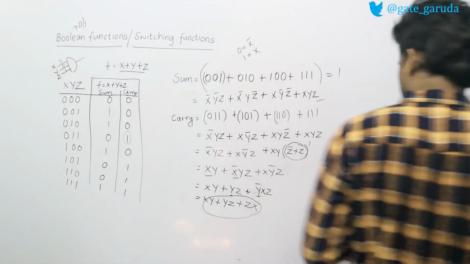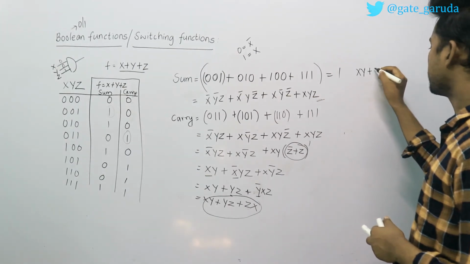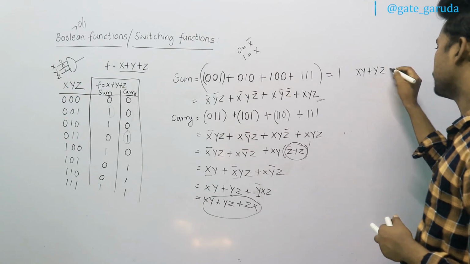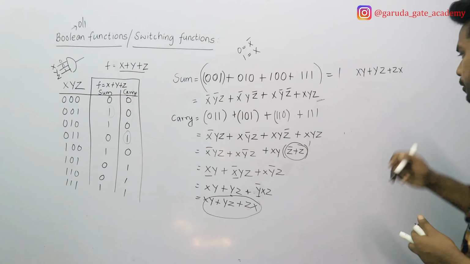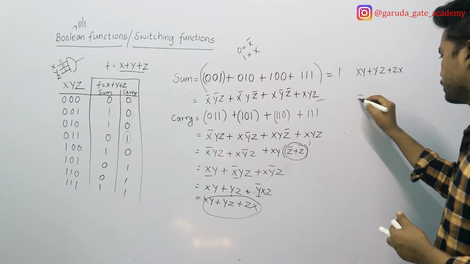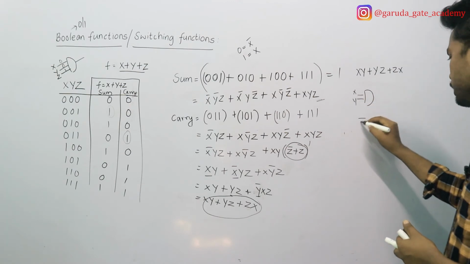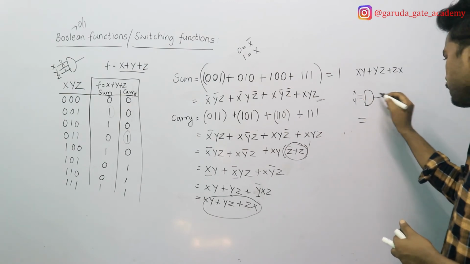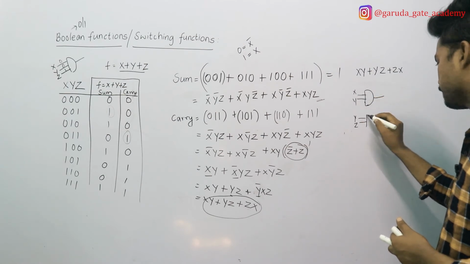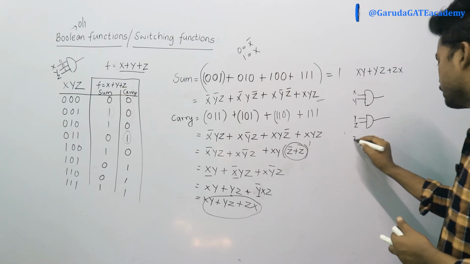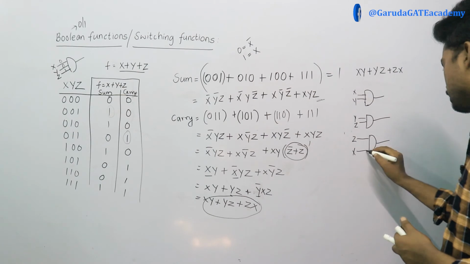So using that one, xy plus yz plus zx, we can directly design the circuit. Okay, so let us suppose this is an AND gate xy, and here yz, zx, another AND gate.